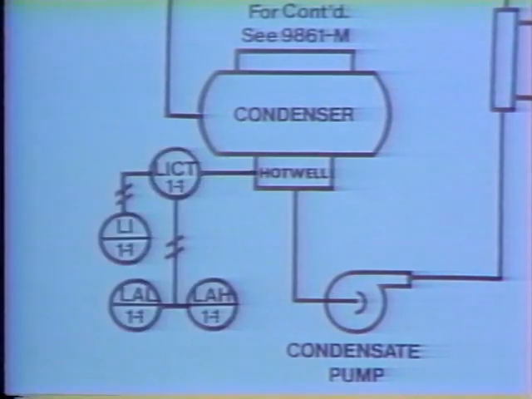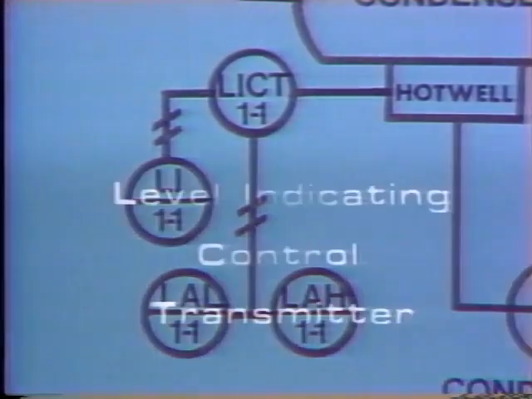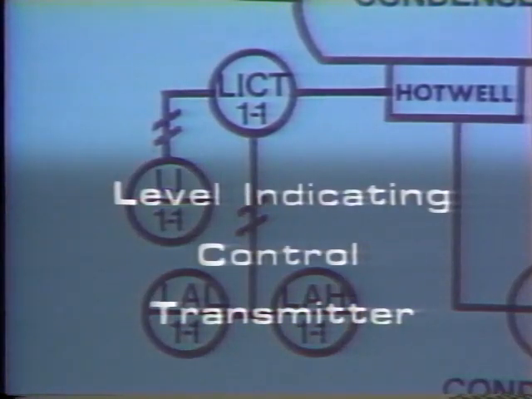So, we'll use a transmitter to indicate condensate level locally, to initiate both high and low level alarms, and to indicate level remotely. The plain circle means that this transmitter is locally mounted. The letters LICT indicate that it is a level indicating control transmitter.